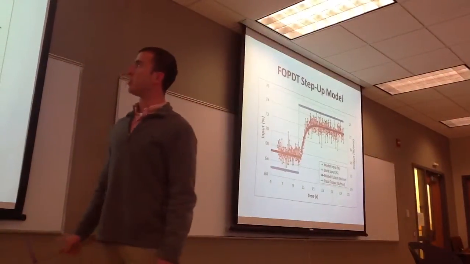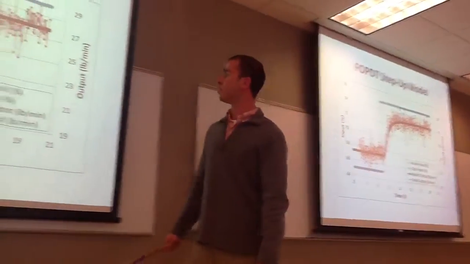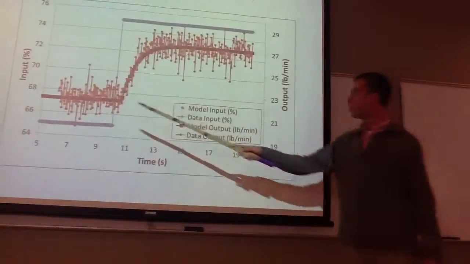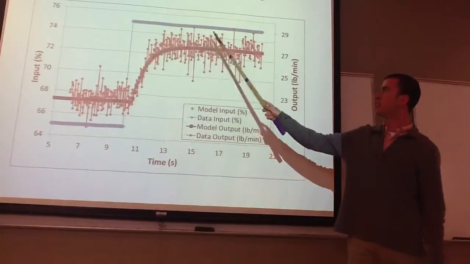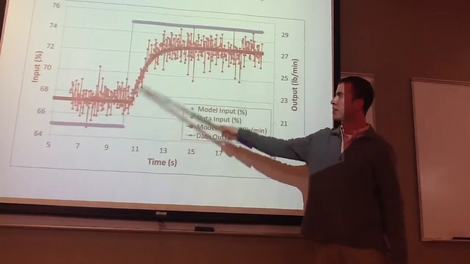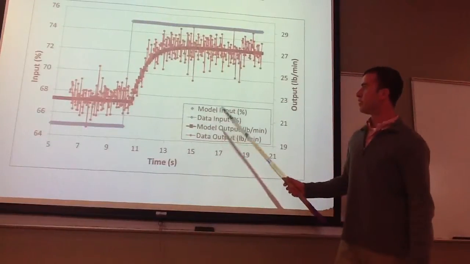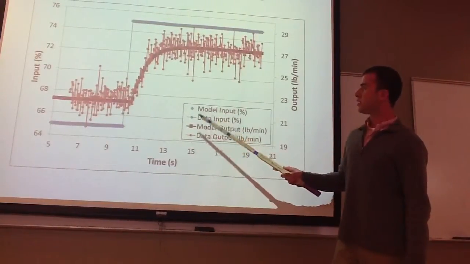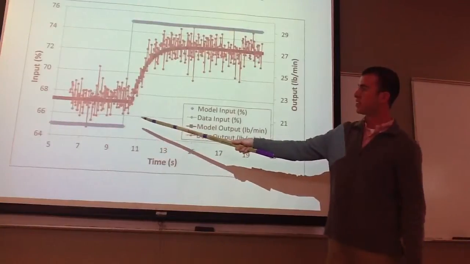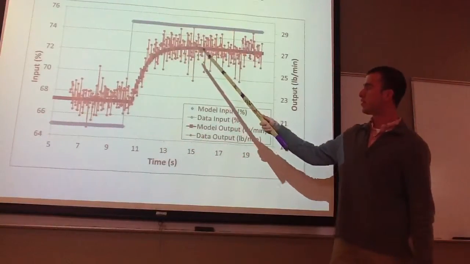And here's an example of the FOPDT step-up model. You have your model input percentage right here, and your step occurs right here around 10 seconds. That's around 65%, and it steps up to 75%.